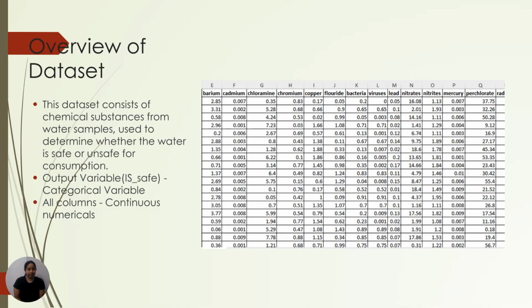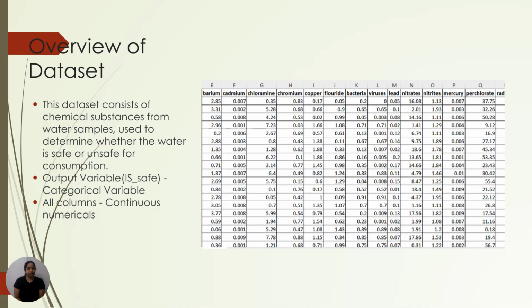We have measurements like the chemical levels of chemical substances like aluminium, ammonia, cadmium, and etc. Since these values are measurement values, they can be considered continuous numericals, and we have one output variable which is safe.